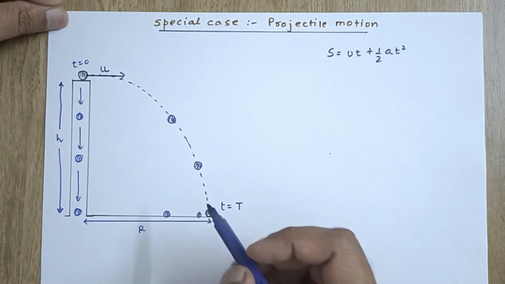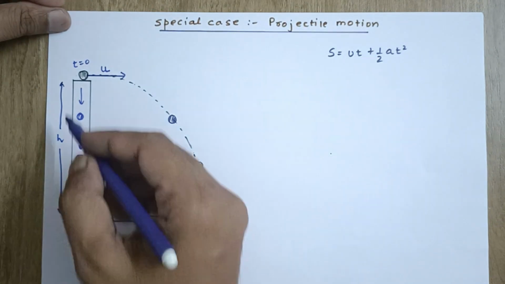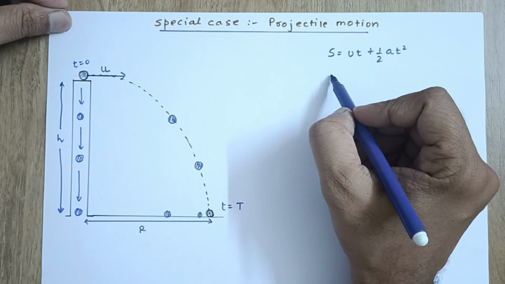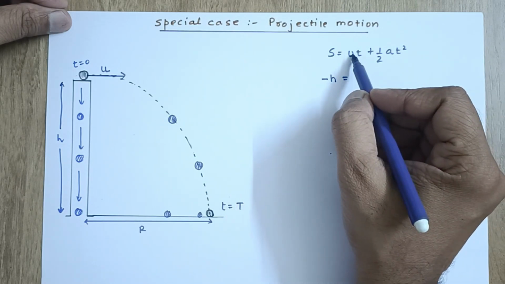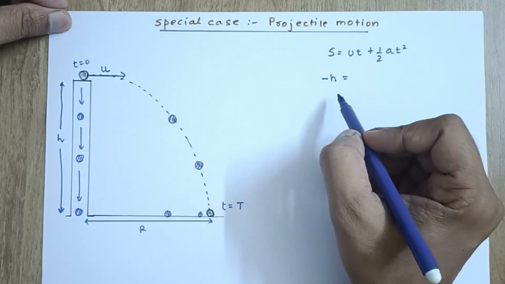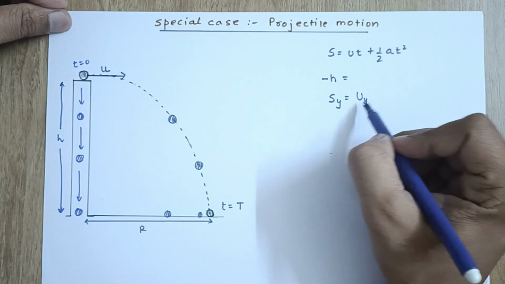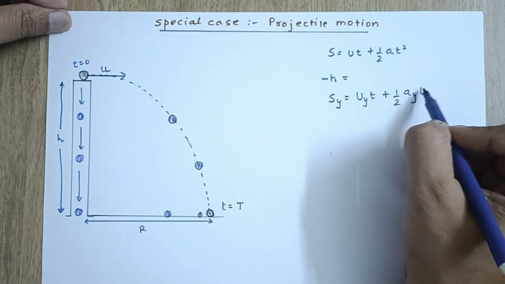So now let's apply this equation for the shadow which is moving along the y-axis. So I'm going to say that this is equal to minus h, that is initial velocity. Let me clarify that I'm going to apply this for the y-axis: s_y is equal to u_y t plus half a_y t square.